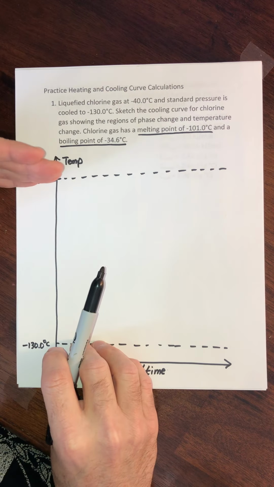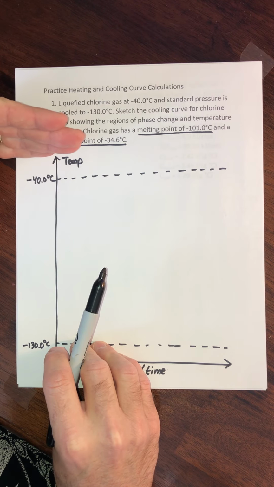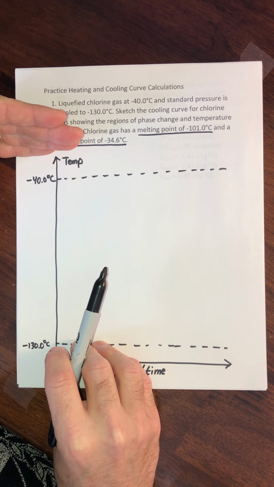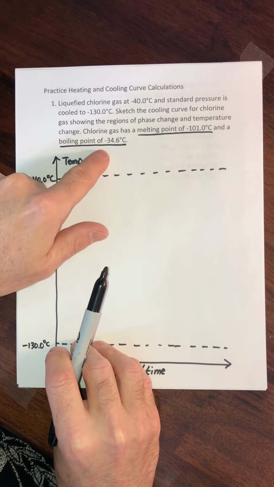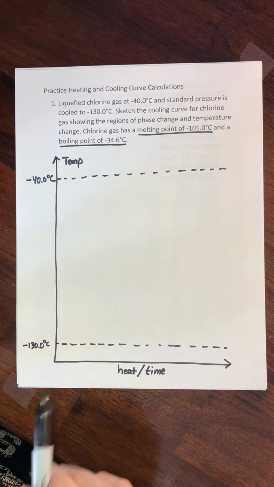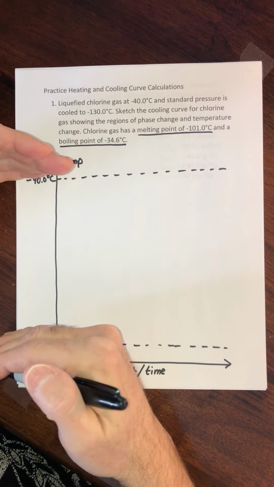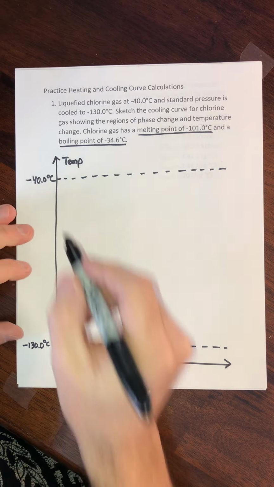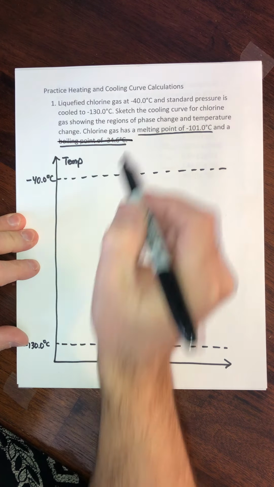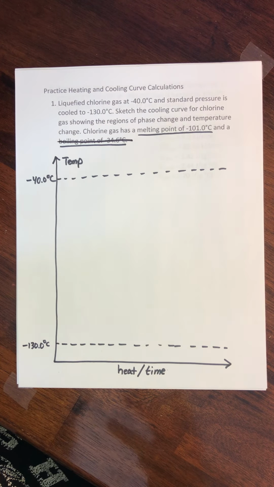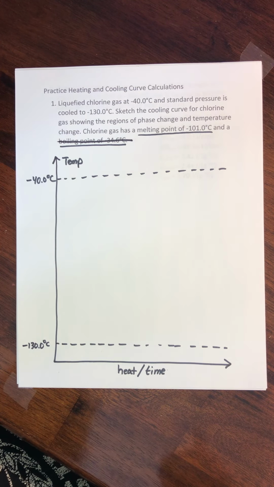Minus 34, if that's minus 40, minus 34 would be up here somewhere. It's not in the region that I'm interested in. So even though I've been given the boiling point, it's not in the temperature window that I'm concerned with. So my boiling point, I can just ignore it because it's not somewhere where I want to be focused.